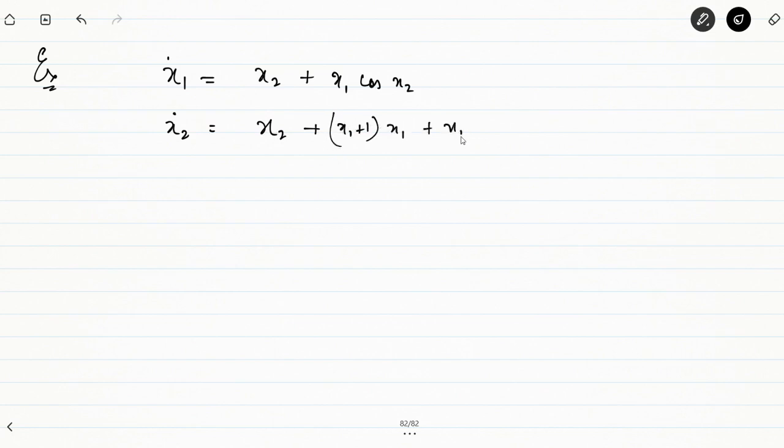Let's take another example. Let's say we have a system x1 dot equal to x2 plus x1 cos of x2, and x2 dot is equal to... So for this example again linearize.